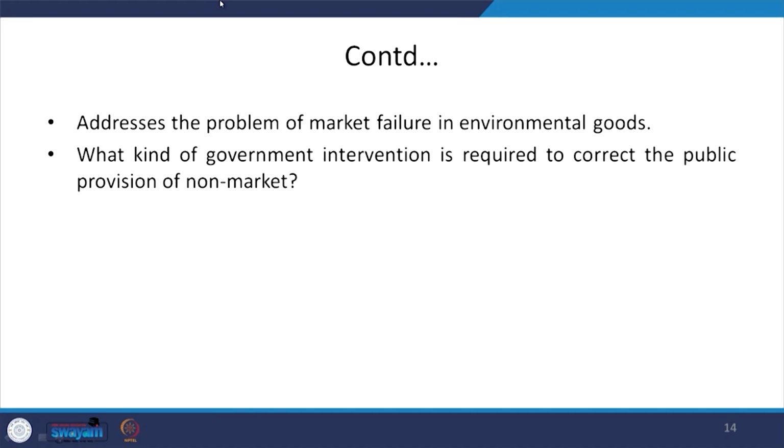Sometimes the market does not exist, sometimes the market fails to deliver the goods efficiently, and therefore, what kind of government intervention is required to correct the market failure, or what kind of policies are required to create the enabling environment under which the market can work in the case of environmental goods.